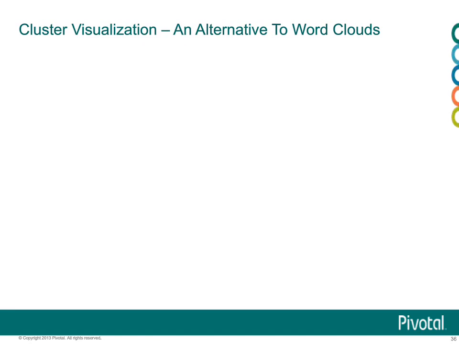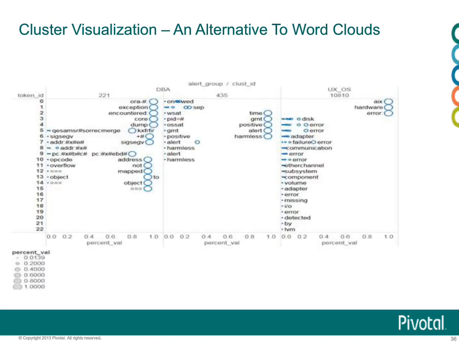Typically, when we visualize clusters, if we just did a word cloud, which is based on how many words are occurring in what frequency within each cluster, then it's very hard for the subject matter expert to make a prediction, understand whether the cluster is homogeneous, and understand the text structure within that alert.